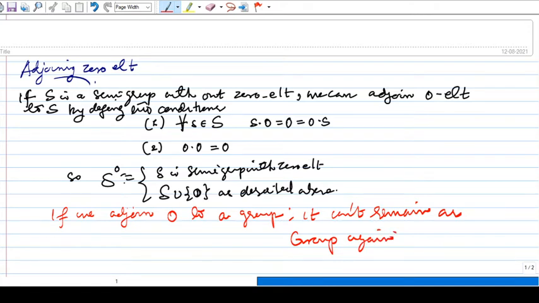That is, when you adjoin 0 to a group, it will be a semigroup, but it cannot remain a group. So it actually changes the properties or the structure of the semigroup, right? So how do we give an instant proof of this claim? So let us just write it very clearly.